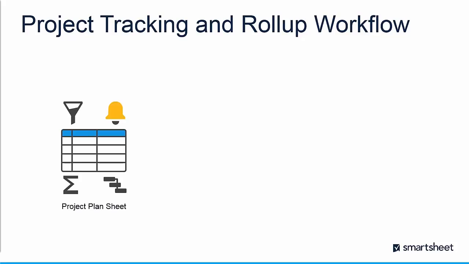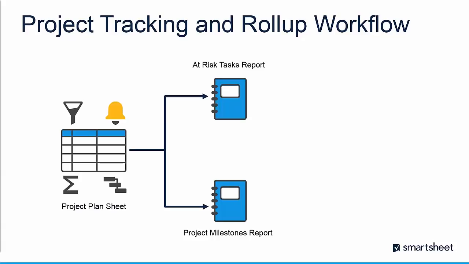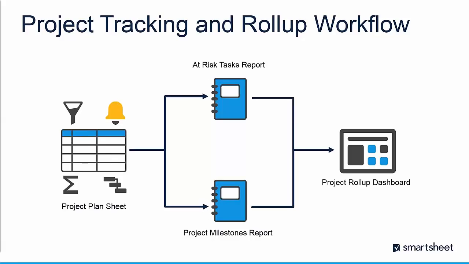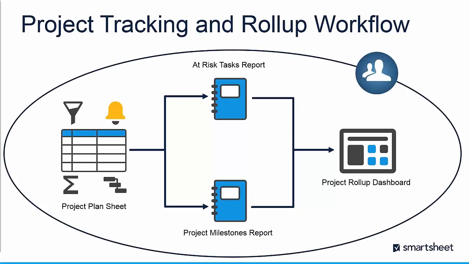Next, we've created a couple of reports that are pulling from that project sheet. The two reports are an at-risk tasks report and a project milestones report. These will feed directly into a project roll-up dashboard, which is really the window into all that's happening around the project. And finally, we take all these elements and put them into a workspace.